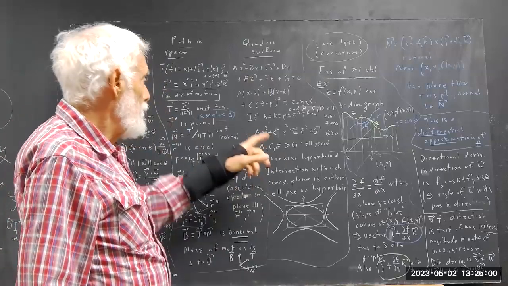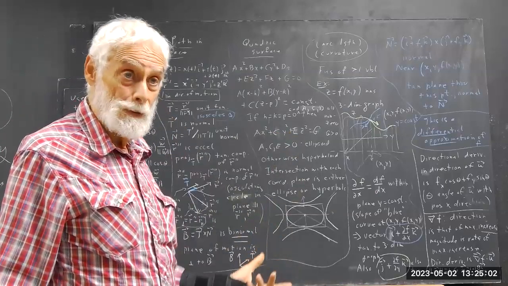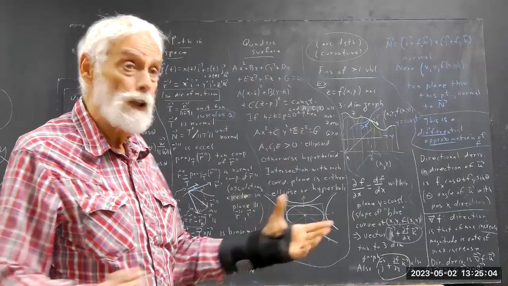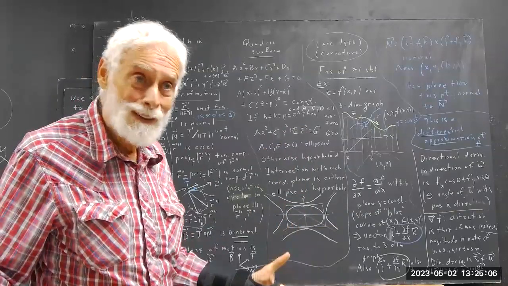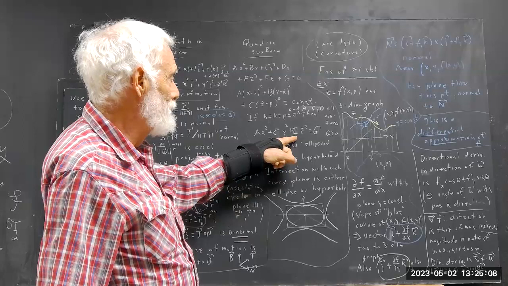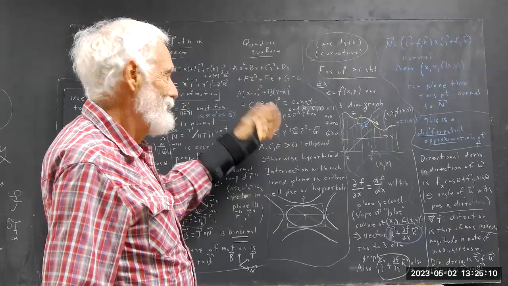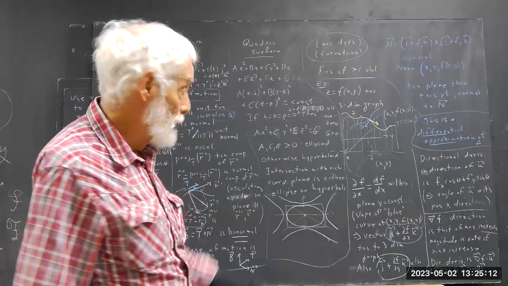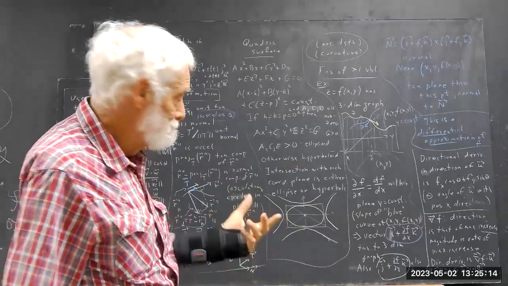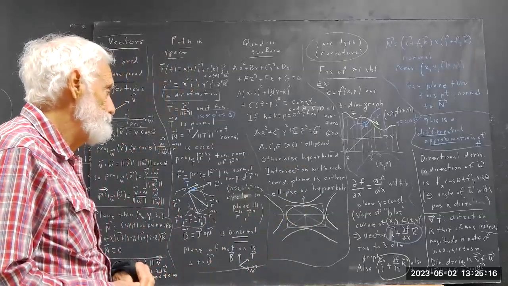If A, C, and E are all positive and G is negative, you get nothing, because if these are all positive, then multiplying by squares, everything's going to stay positive. Can't have a negative.